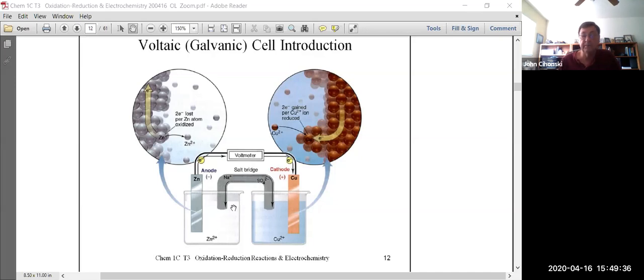Now, it just so happens there is a connector in a battery, and in these lab situations, it is called a salt bridge. And what you have is, in theory, an inert salt. In other words, it does not impact the other battery chemistry. So in this case, we have sodium sulfate.